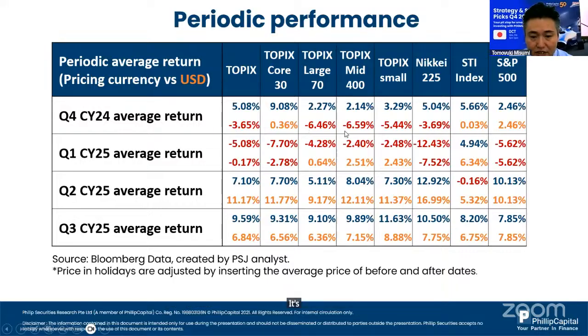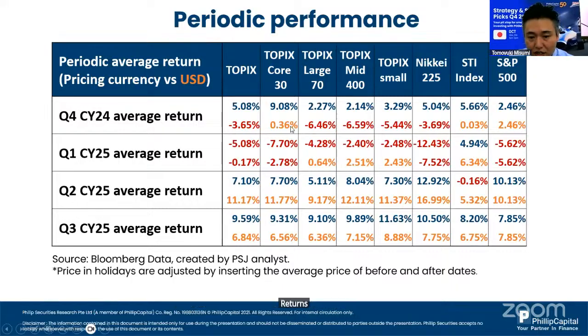It's very interesting that even in Q4 2024, Topix exhibited a positive return of 5%, but in US dollar denominated terms, it turned negative, minus 3.65%.